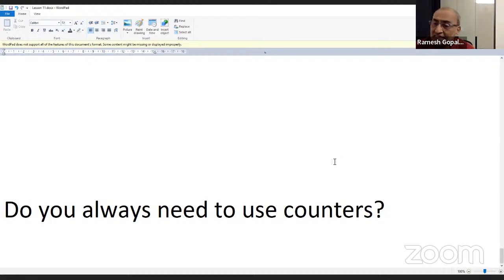For other normal everyday things, you don't need to use counters if they number less than 10. But if they are above 10, you have to use counters.